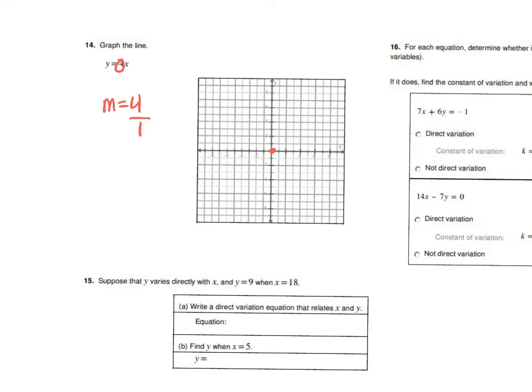So I'm going to rise 4, run 1. Rise 4, run 1. And I've got a point at 1, 4, and 2, 8. And then I'm going to draw my line. And remember, on your test, you need to have 3 points on this graph to receive full credit.